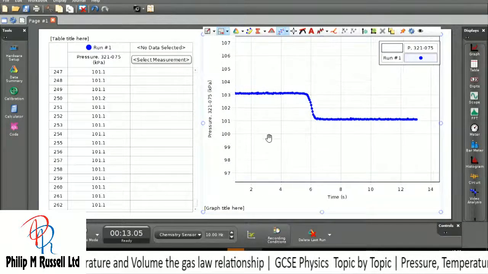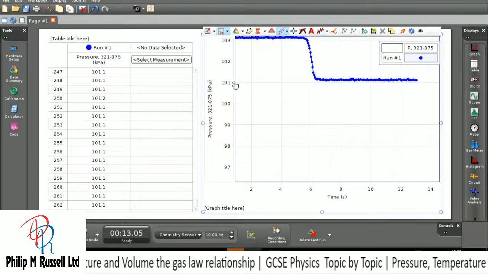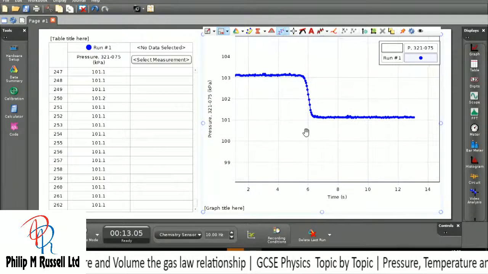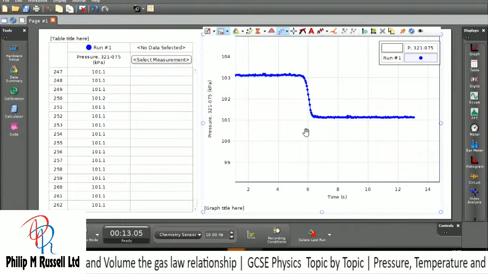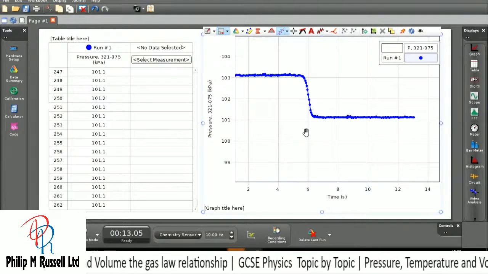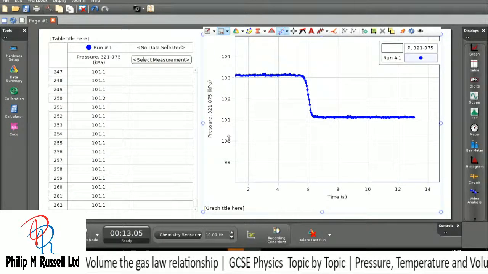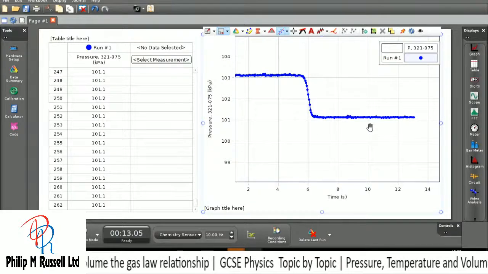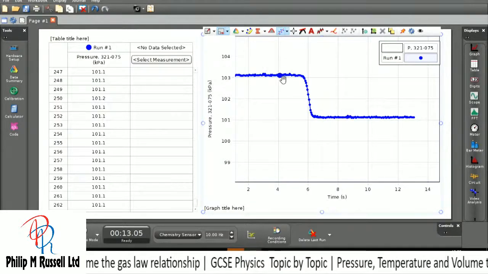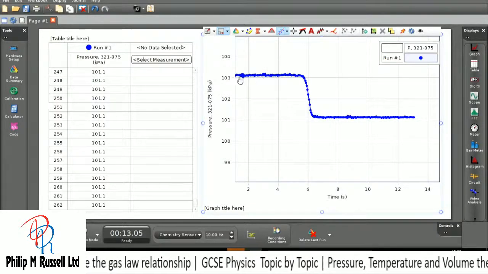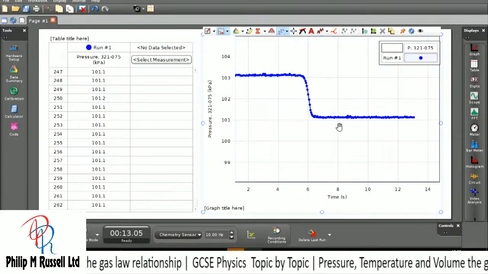And there we can see something happening. So I've got some pressure change. I've got from about 101 to 103. So we were at 103 when I blew it up, 101 when it's down.